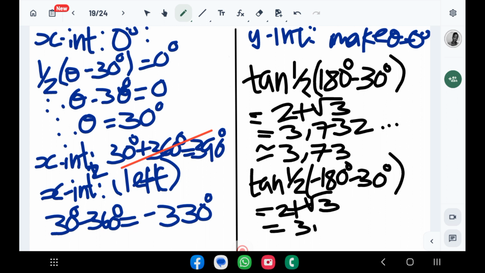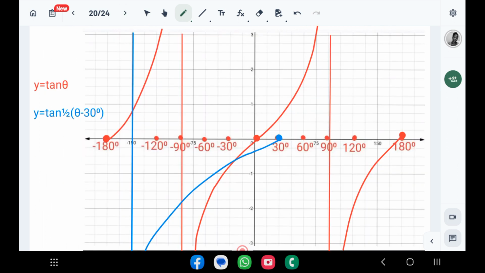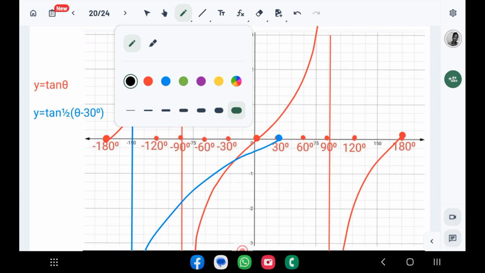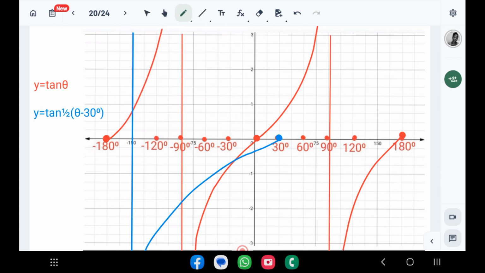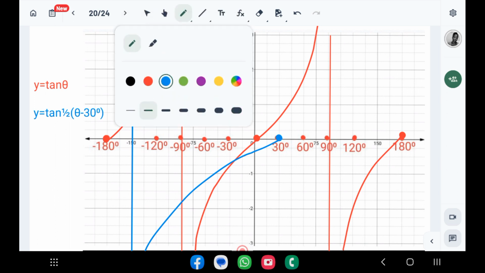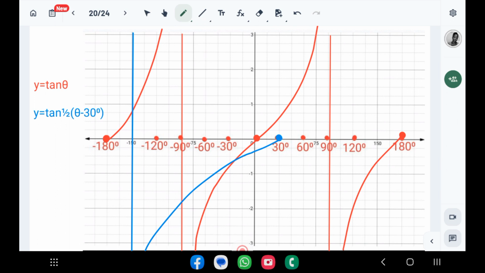So in both instances, we've got 3.73, which is outside of this range. On the other side is also outside of this range. But basically, this is what the graph will look like. This is how the graph will go on the right hand side. It will go like this.